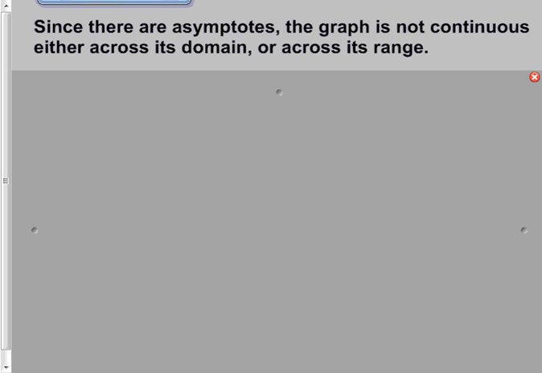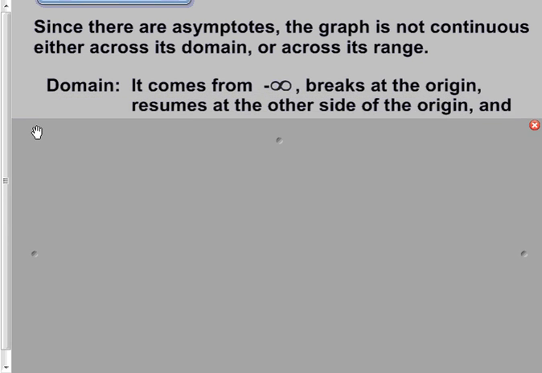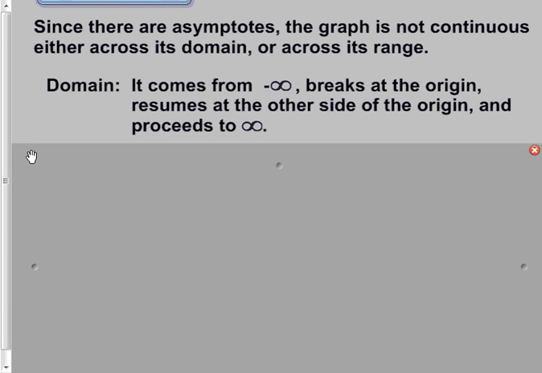Okay. Now, let's talk domain and range for a moment. It's important to understand how the graph behaves and where it has breaks in it. And since there are asymptotes in the graph, that inherently means that our domain and our range are going to be broken as we travel through the graph. So in basic English, what the domain is doing is the graph proceeds from negative infinity.